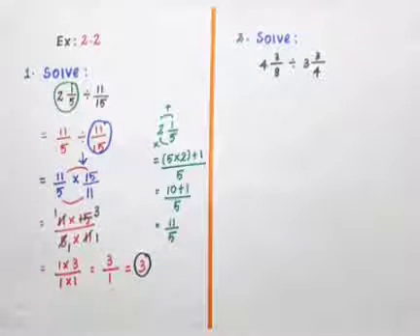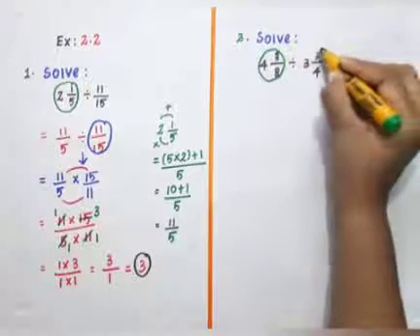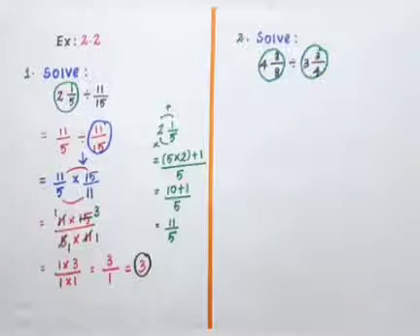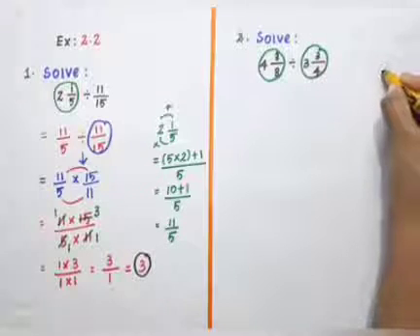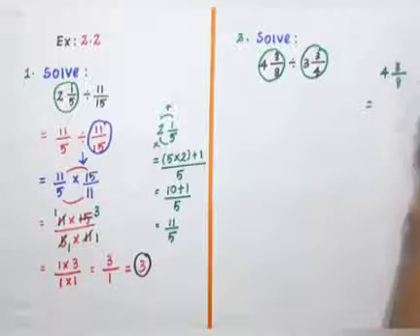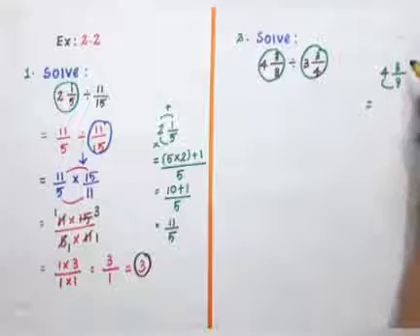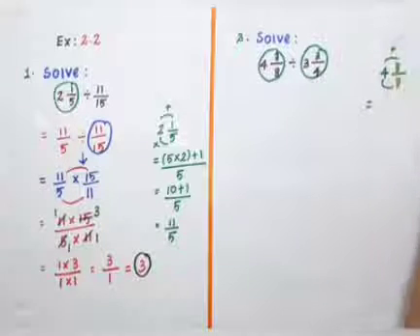Next problem. Solve 4 3/8 divided by 3 3/4. Here, both fractions are mixed. So, convert both mixed fractions into improper fractions. 4 3/8 is equal to, first we have to multiply the denominator of the fraction with the whole number and then add it to the numerator.